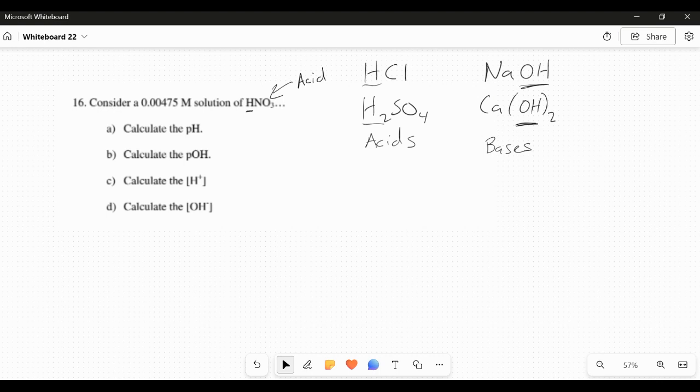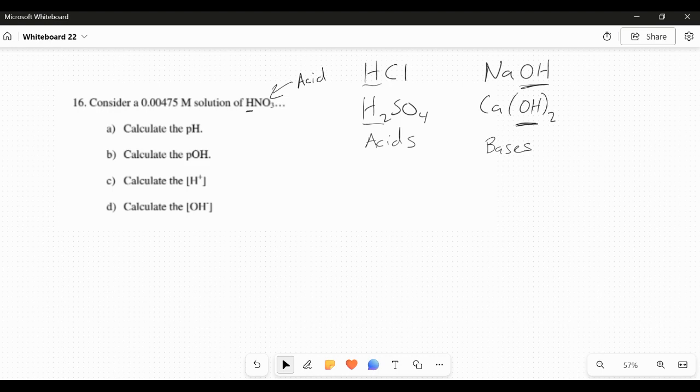So the first thing that we want to do is switch this concentration from the concentration of HNO3, our acid, to just the concentration of hydrogen.